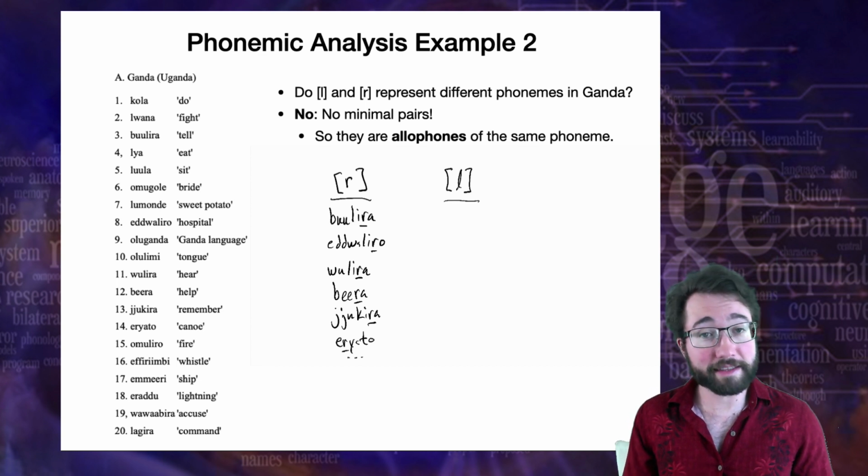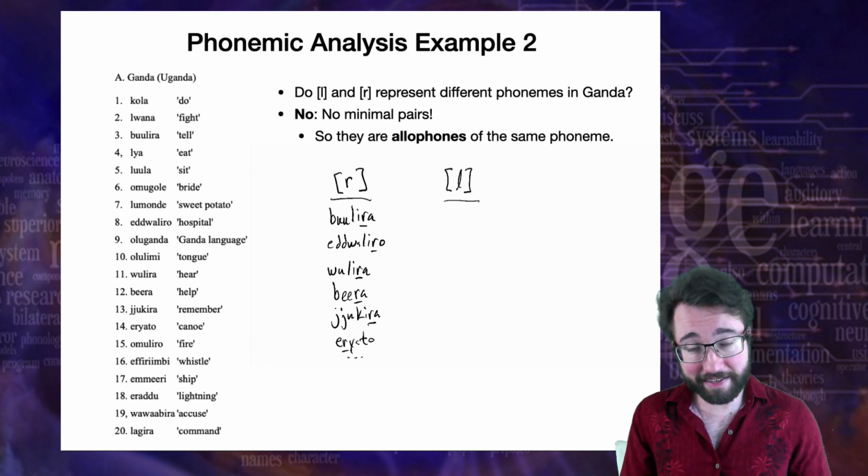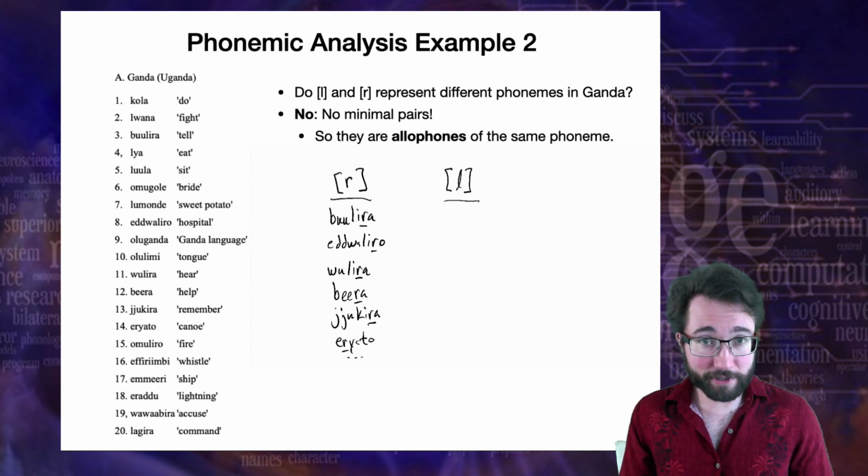And now we need to look at the environments in which we get instead the sound L. That's the alveolar voiced lateral approximant.